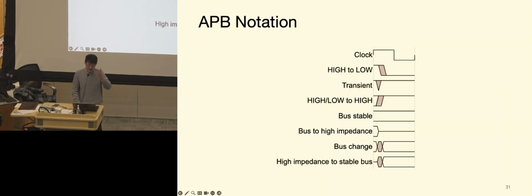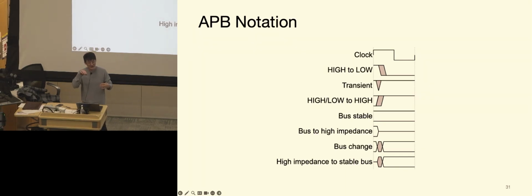Okay, some useful notations when we talk about APBs. These are visual representations of what's going on inside of a clock cycle on each of the signal lines or data lines. First, all those gray areas inside of here basically mean we're not sure what's going on at that stage.